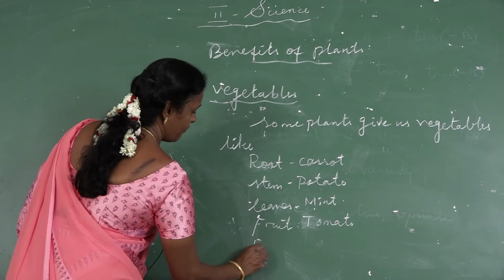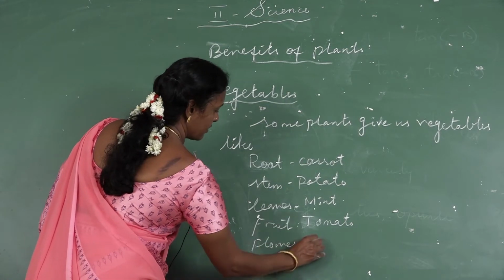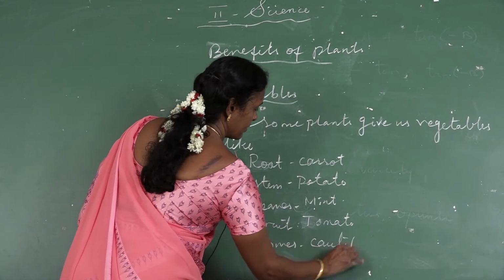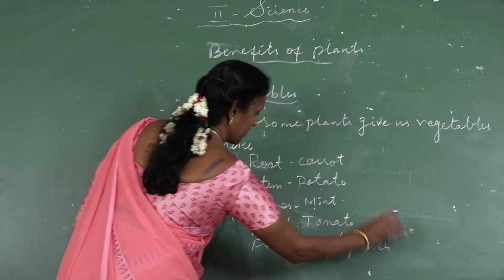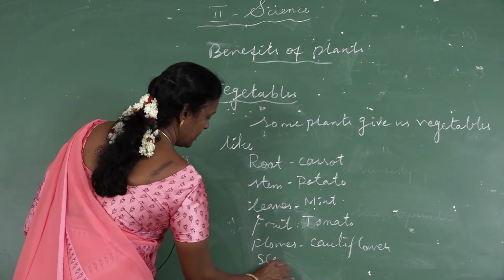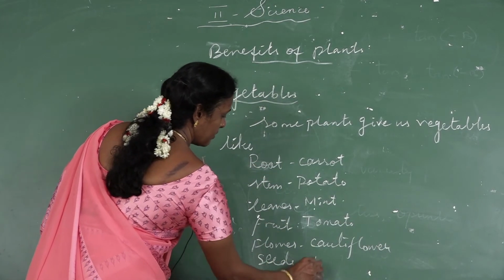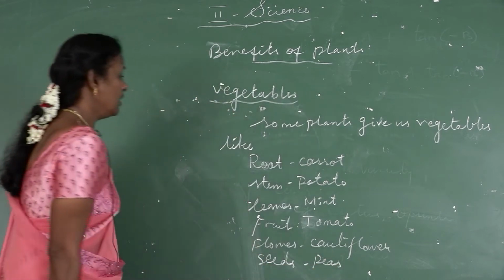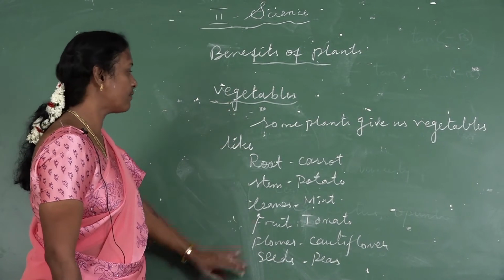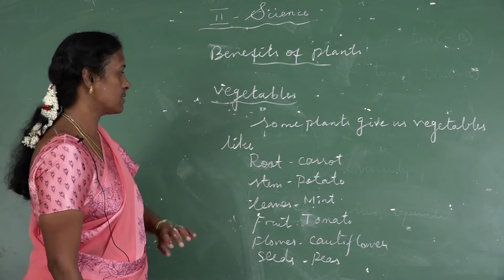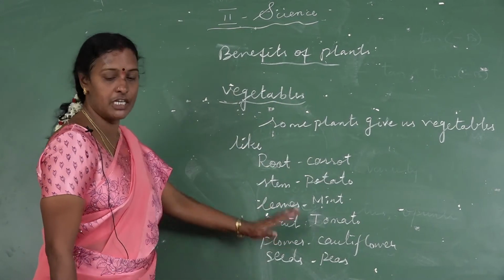Next, flower: cauliflower. Seeds: peas. These are the food items we take from our plants. These all we use as vegetables.